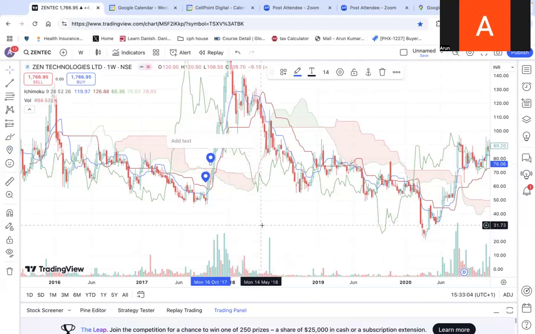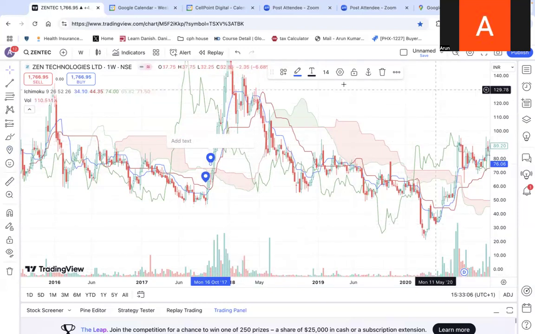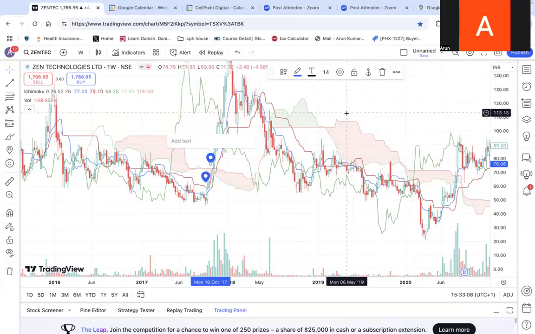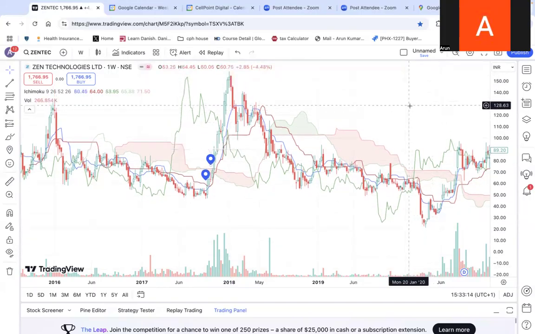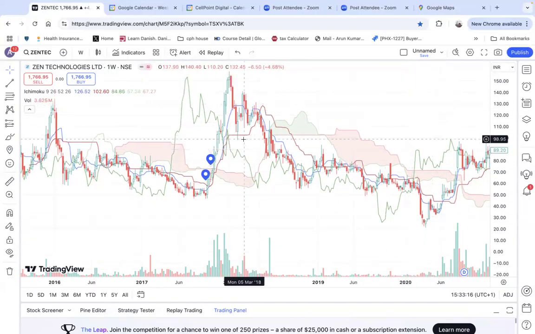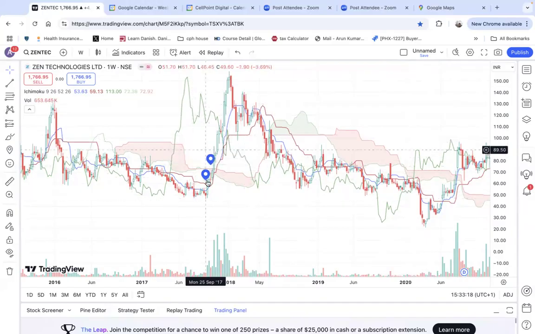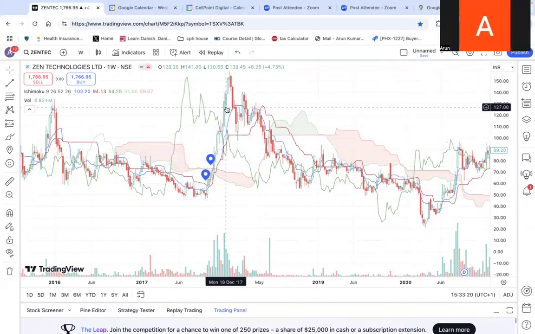I want to keep track of that, because sometimes the prices can cross, but there may not be enough volume. Those are false positives that you need to look out for. But let's say this is my entry criteria. Entry criteria is fulfilled, I'm buying. And let's see if there is an exit criteria and I can get out.